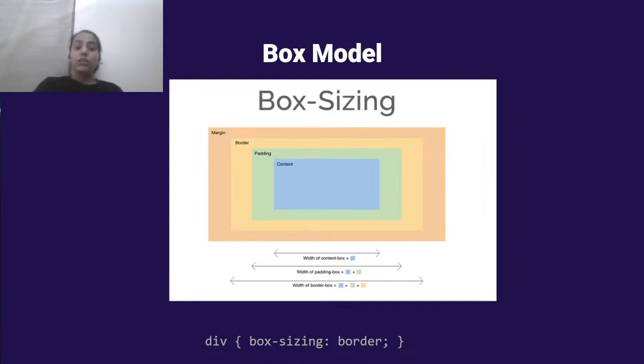For example, the box sizing property can have two values: content box, which is the default value, where the width and the height of an element are calculated including only the content, and the padding and border are added outside these dimensions. And border box, where the width and height of an element include content, padding, and border within those dimensions. The margin is still added outside.